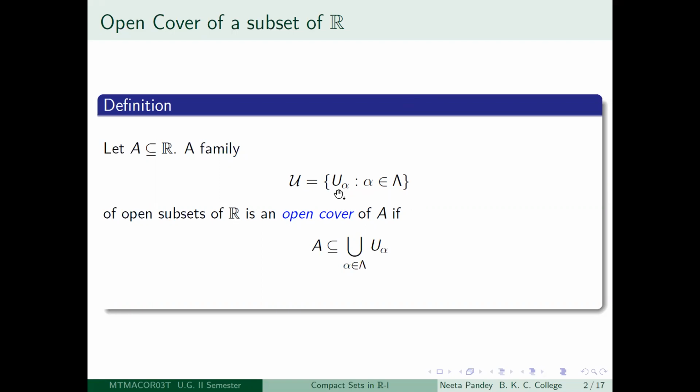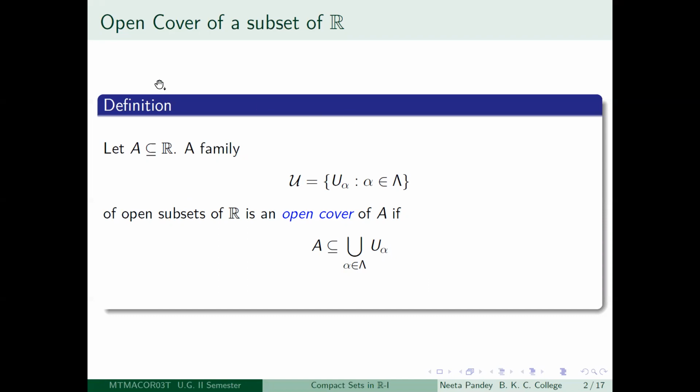We want to say that this is an open cover of A if A is a subset of the union of all these U alphas. So if A is a subset of the union over alpha belonging to lambda of U alpha, then we say that script U is an open cover of capital A. So capital A is the subset and script U is a family of open subsets.